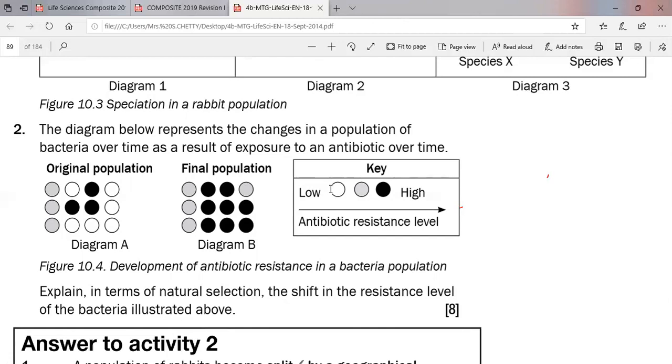We looked at Lamarck's theory, Darwin's theory, speciation, punctuated equilibrium. Wow, so many things. And now we're looking at the last part, which is evolution in modern times.